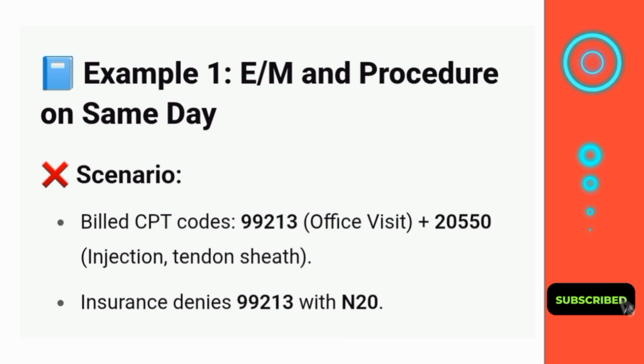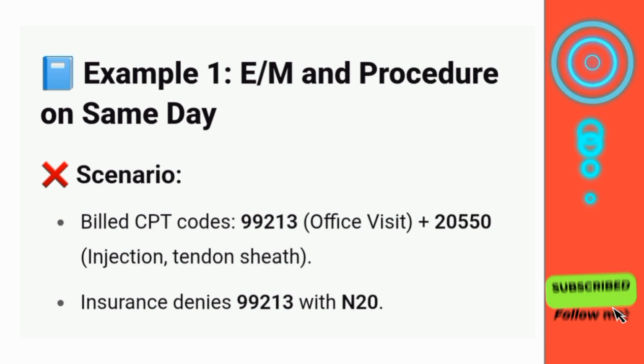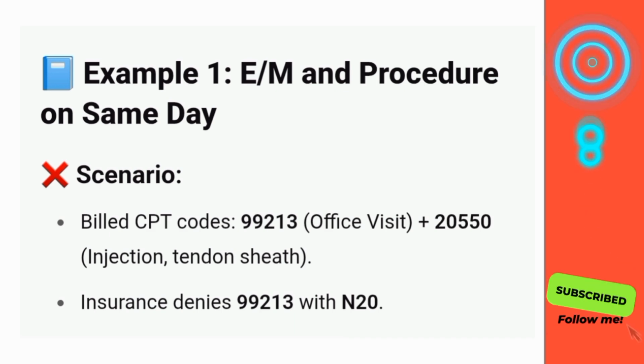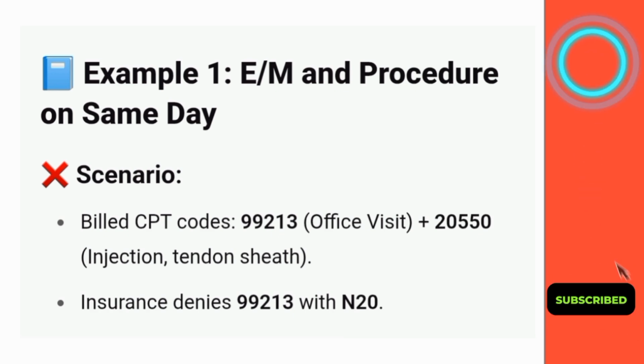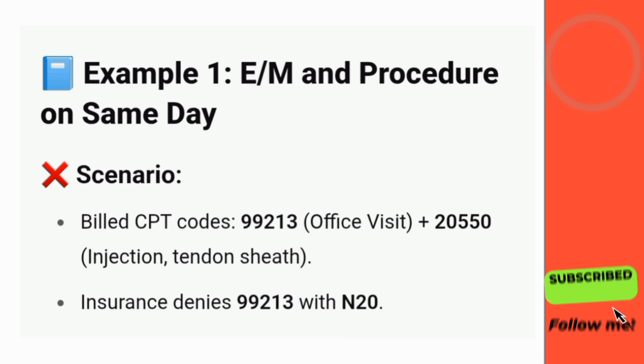Here we go with an example. E&M and procedure on the same day. As I mentioned, there are certain procedures that have been performed on the same day. The scenario: billed CPT code 99213 office visit plus 20550, that is the code for injection tendon sheath.